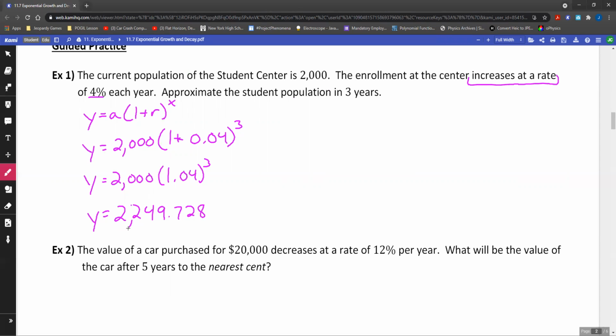Now they want us to approximate the student population. We cannot have a decimal, a partial amount of students, so we have to round this, and we're going to end up rounding it upwards. So the 9 becomes a 0 to round up, which means that this ends up becoming 250. So this is approximately the number of students that we have.